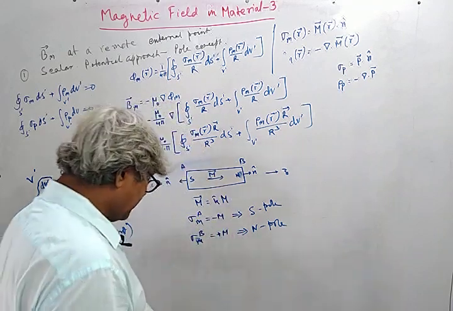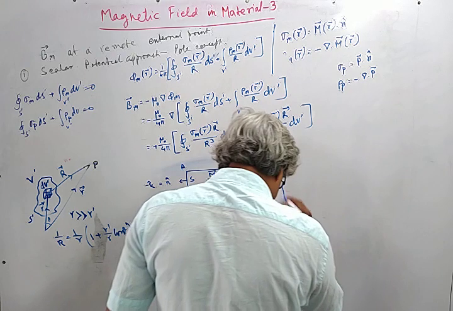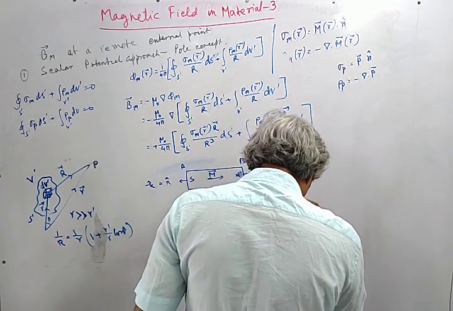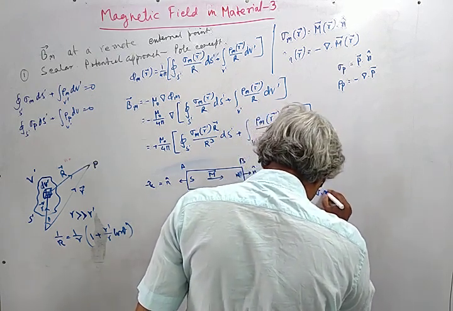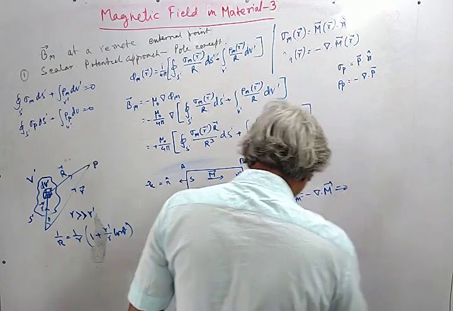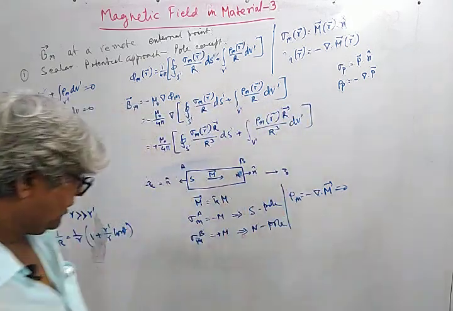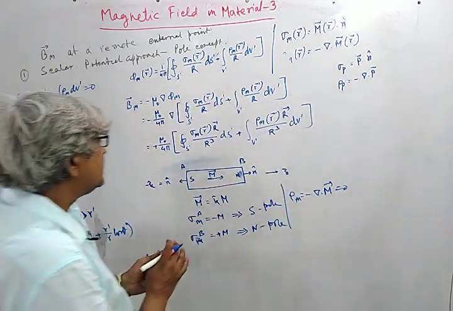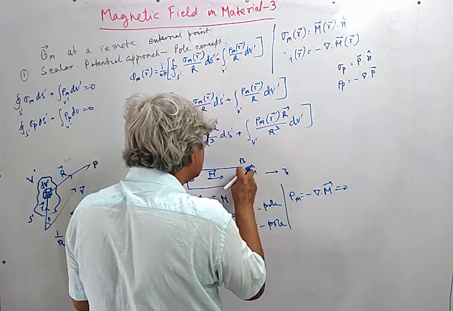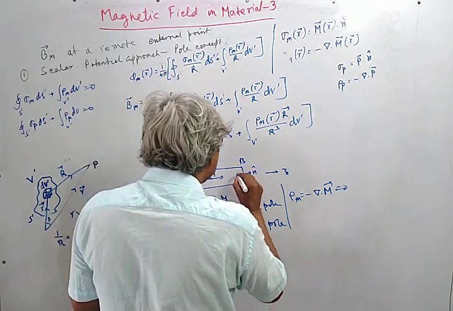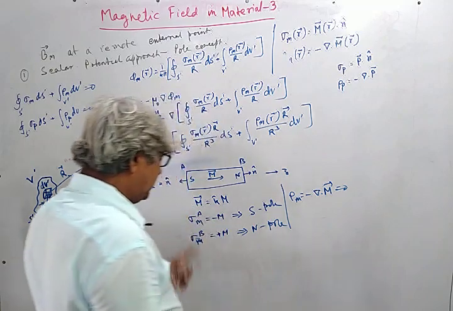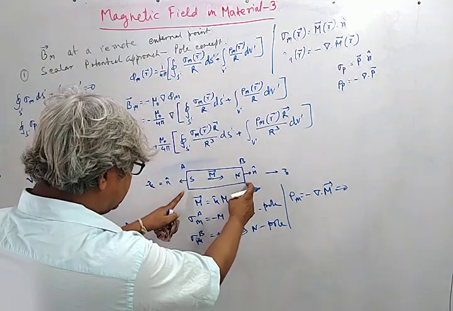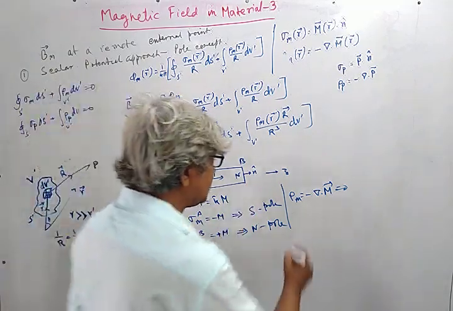And if we consider the volume's contribution, this is 0. So there is no volume density of poles. The only thing that happens is that near the ends the magnetization is not uniform.